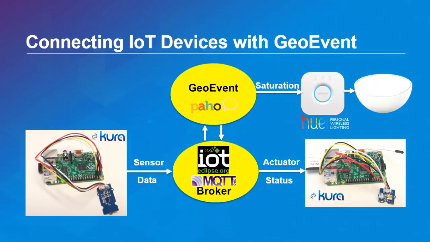Then it calculates the color of the Hue light bulb and sends the HTTP request to the Hue bridge here. And the Hue bridge updates the color on the Hue light bulb. In addition to changing the color of the Hue light bulb, it also turns the LED light on and off on the other Raspberry Pi when the temperature reaches a certain point.